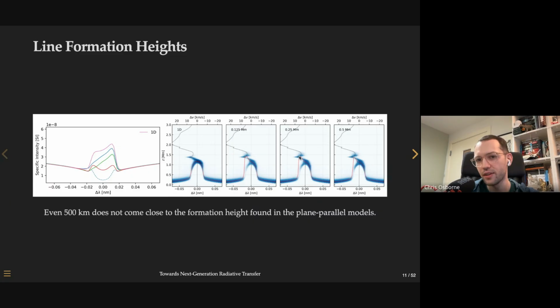As we go bigger, yeah, that blue wing does push down a bit, but it's still a long way away. It's still 300-400 kilometers higher in the blue wing, even at a 500 kilometer kernel size, than it is in the plane parallel model. So this assumption of infinite horizontal extent is potentially problematic when we're actually trying to predict what these ribbon structures look like when we're imaging them.